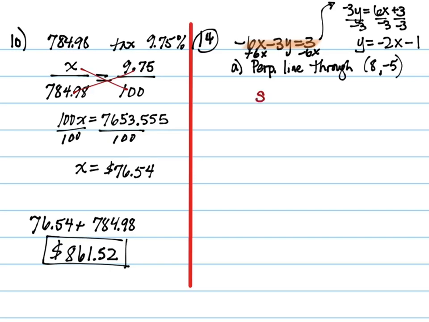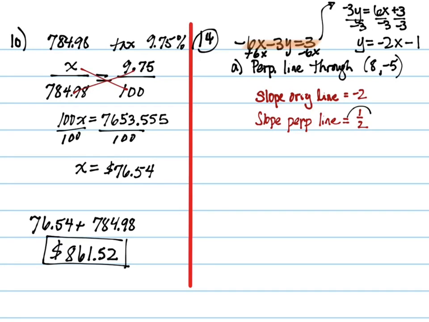It was negative 2. So the slope of the perpendicular line would be 1/2. If you take 2 and you flip it, 2 over 1 becomes 1 over 2. Because it was negative, now it's positive.